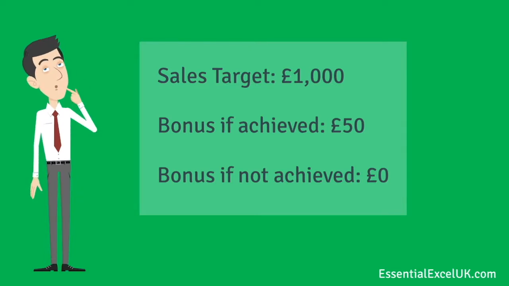Bonus if achieved: if he sells more than his target of £1,000, he will receive a £50 bonus. And lastly, if he doesn't achieve that sales target, then he doesn't receive any bonus, so £0. So the logic being, if sales for the month are greater than the sales target, he gets a £50 bonus, else he gets no bonus at all.